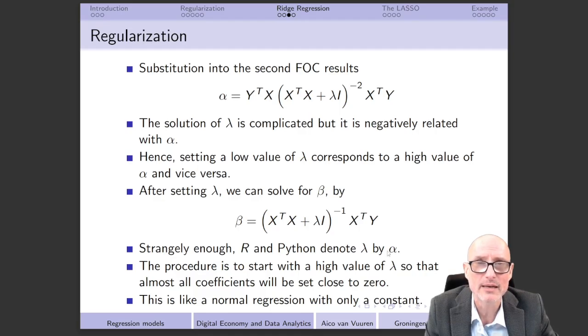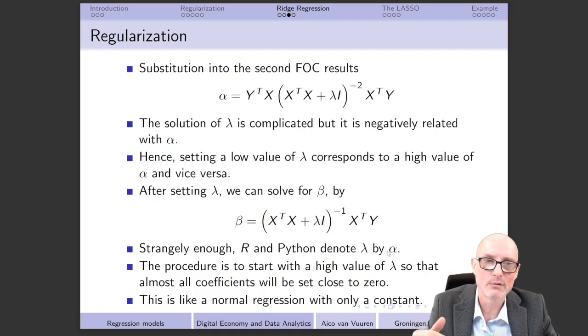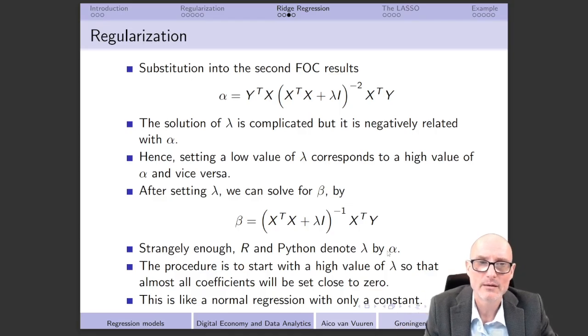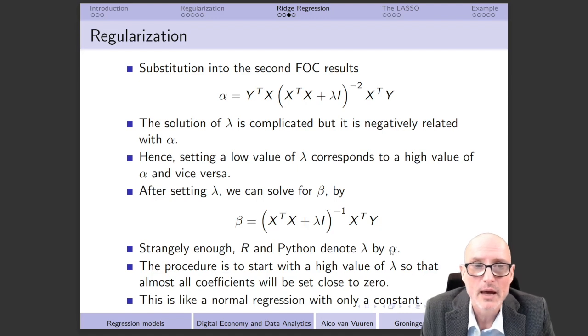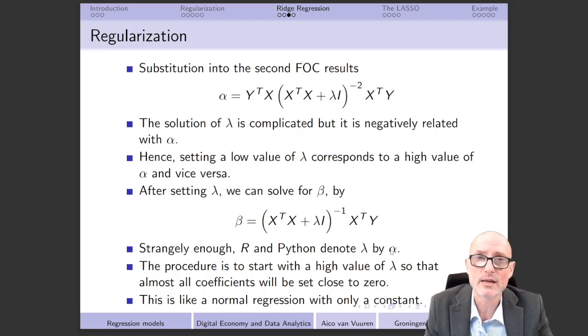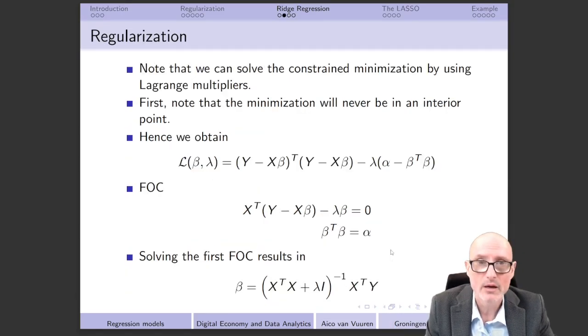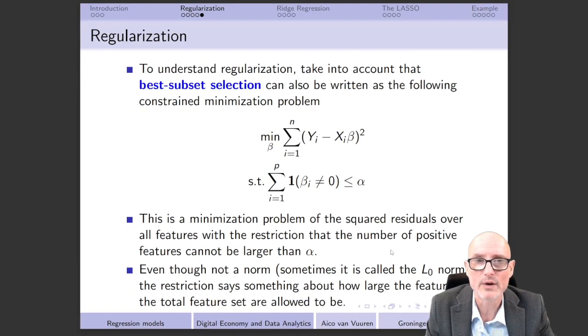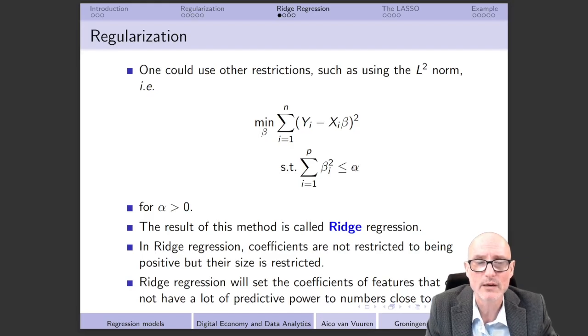So that means that in Python or in R, a high level of alpha means that we have a very restrictive regression, because that corresponds to a very low level of the alpha that we have over here. That means a very restricted regression because the betas then cannot be too large.